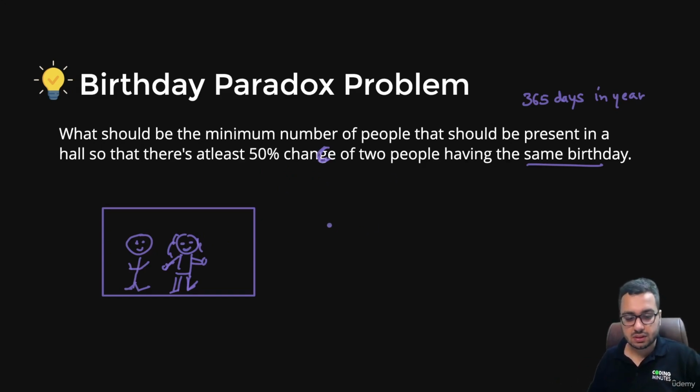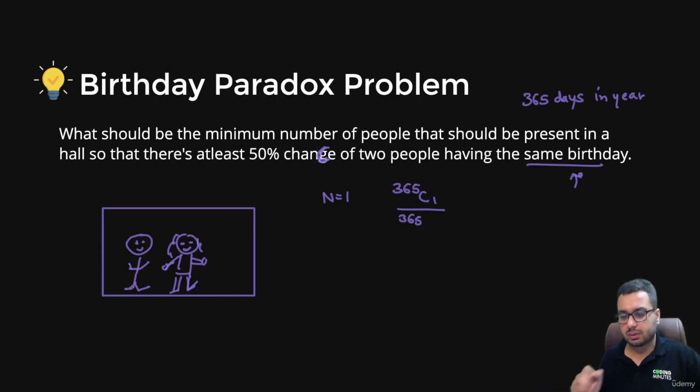If there is a single person, he has 365 options to choose his birthday out of 365 total options. It's difficult to calculate for the same birthday because we don't know which two persons will have the same birthday. It would be a lot of combinations.